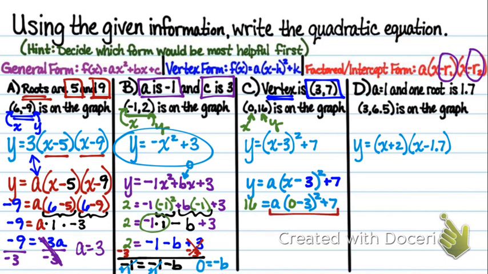Okay. What can I do over here? Think about order of operations with me. What can we do? Parentheses first. So what's 0 minus 3? Negative 3. And we're going to square that, right? 2 times negative 3 squared. So negative 3 times itself. Positive 9.